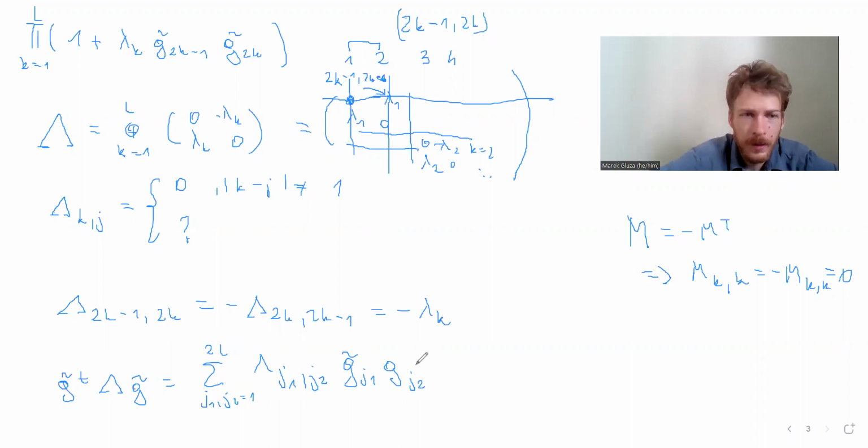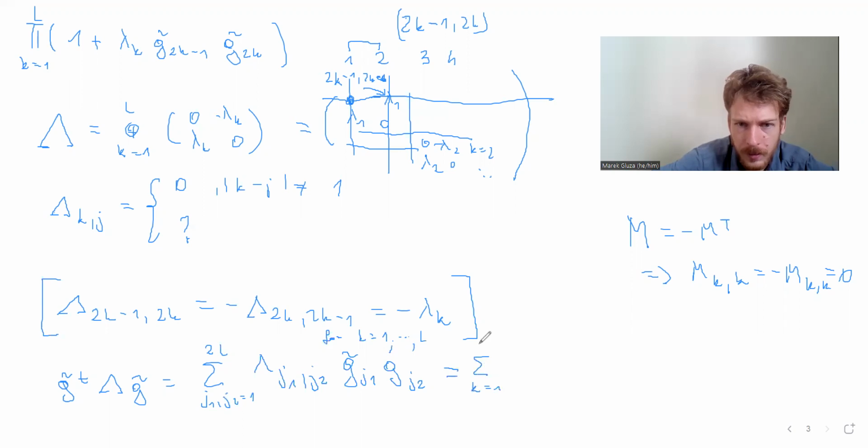Okay? But now we said that the only matrix elements that are non-trivial are of this form for k equals 1 until L, because this is the only matrix elements in this block form. So let's continue. I can now restrict the summation to k from 1 until L, not to 2L. Then I will have lambda 2k minus 1, 2k, g tilde 2k minus 1.